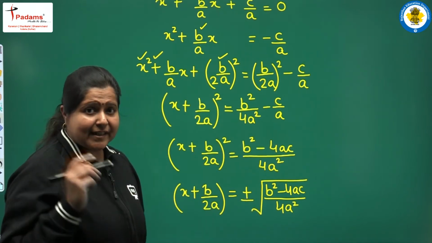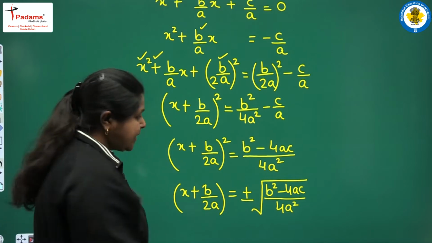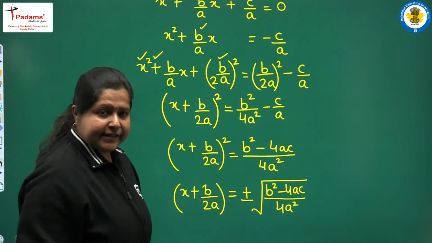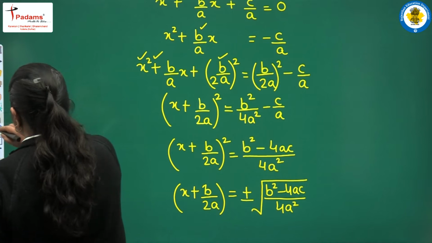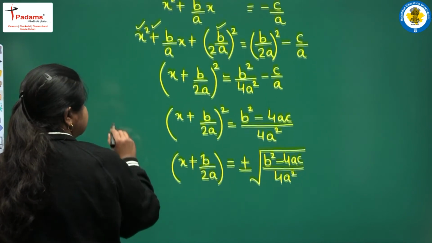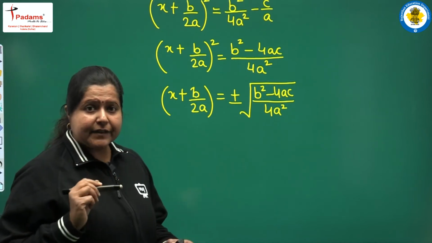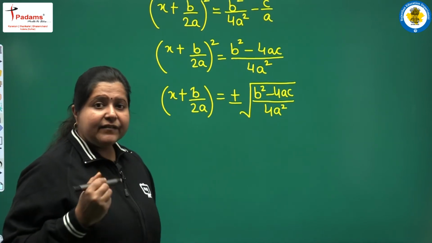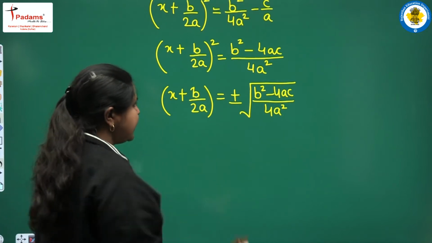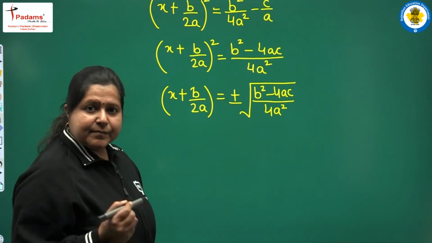This we have discussed in our previous class. Why do we take it as positive as well as negative? We know that by multiplying two positive numbers, we get a positive figure, as well as when we multiply two negative numbers, the same numbers, again we get a positive value. That is why we will be taking plus and minus both here.